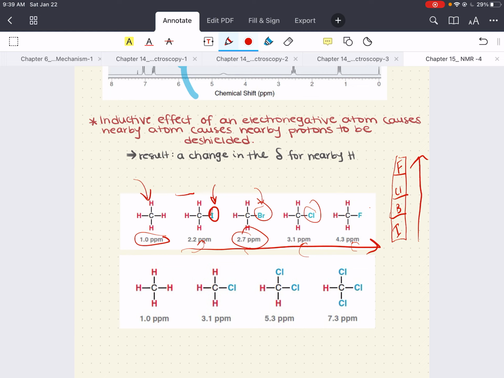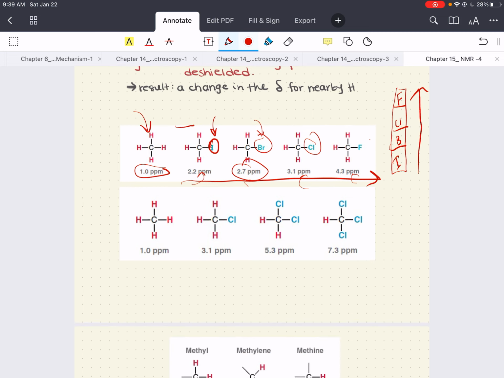Why? Well, these halogens are going to have this strong inductive effect that's going to cause nearby protons to be de-shielded. Now, simply taking one of these halogens, say chlorine, one chlorine is going to cause a difference of around 2 ppm shift.